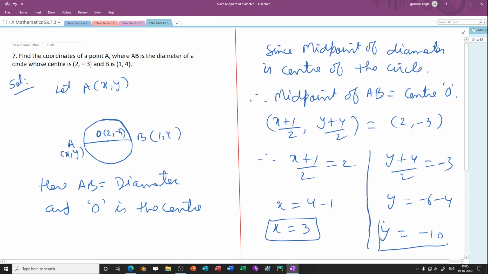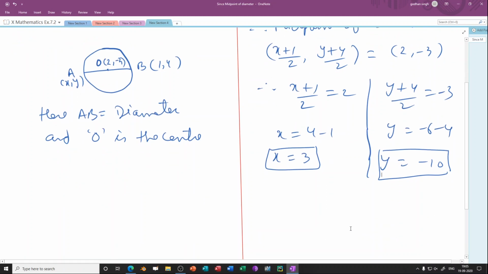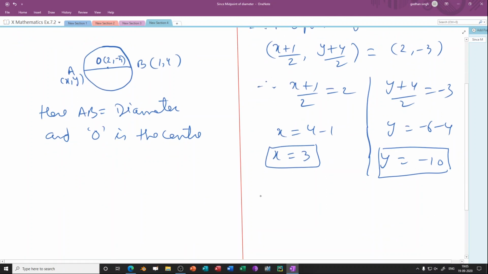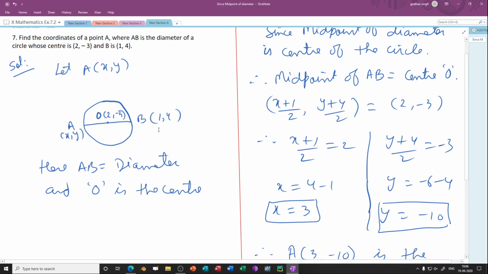Therefore, the coordinates of point A are (3, -10), which is the required point. So this is the solution of question number 7, a very simple one.